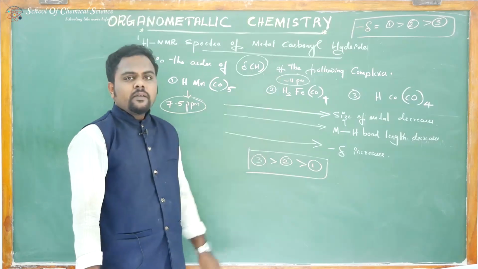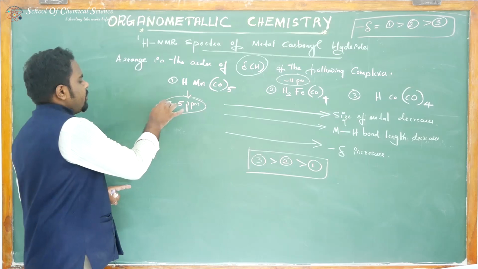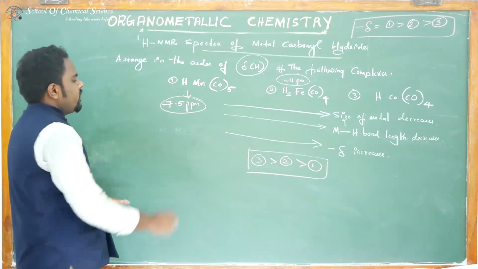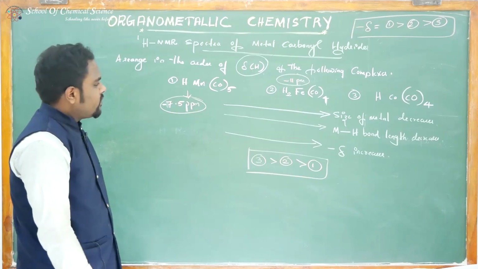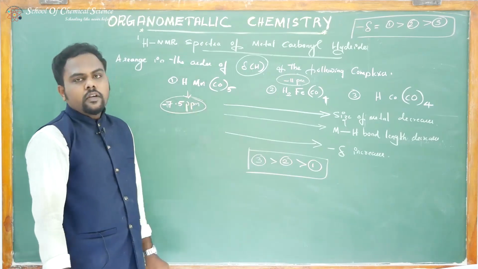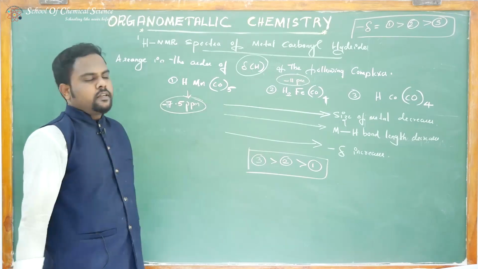So minus 11 ppm, and this is minus 7.5 ppm. Which one is higher? 2 is greater, so 2 is more shielded. The significance of negative is that it is more shielded.